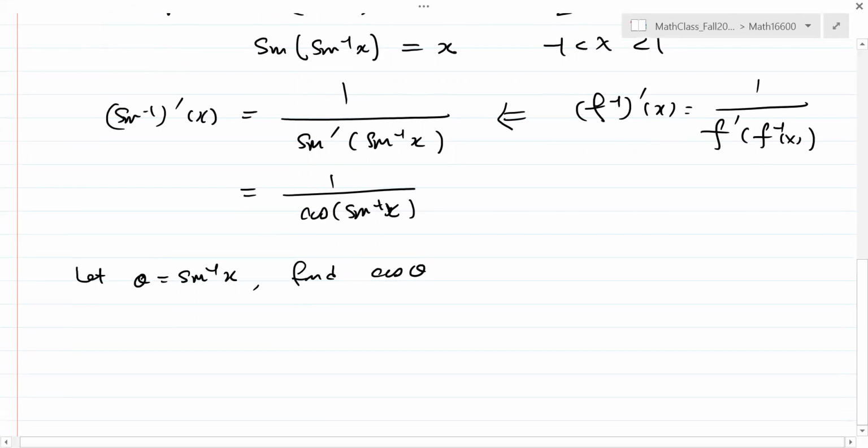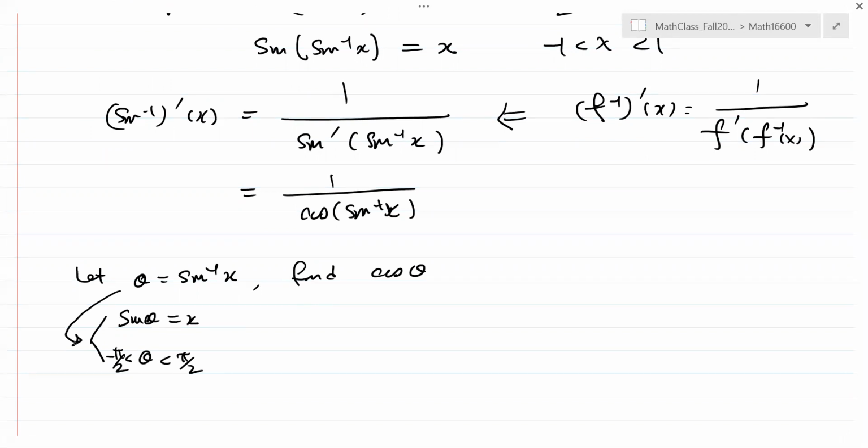This really means sine theta equals x. But we also know that theta is between negative pi over 2 and positive pi over 2. This is equivalent to the following two statements. We want to find cosine theta, but cosine theta and sine theta are not brand new independent functions. They are related, sine and cosine.